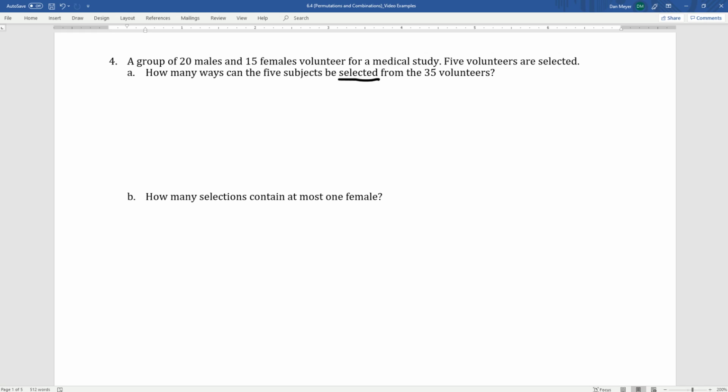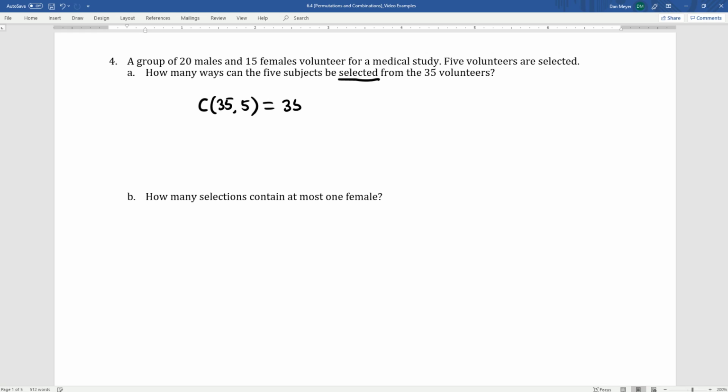In this case, we're going to pick 5, but there's no special arrangement for them. It doesn't matter what order we pick them in. We can just pick all 5 at the same time. Nobody's performing a special role here. All right, so this is a combination problem. From the 35 volunteers, we're going to pick 5.